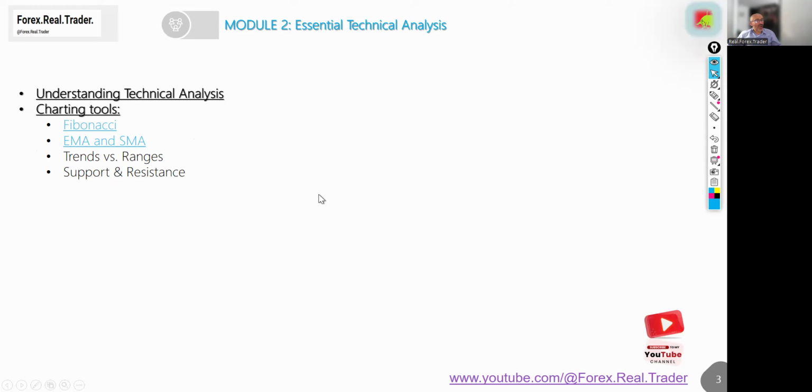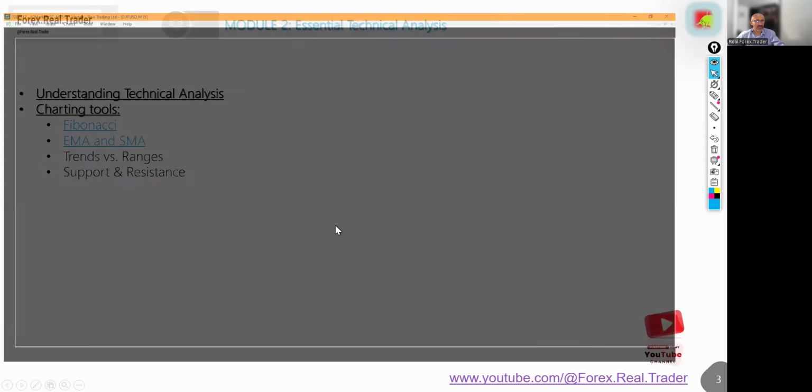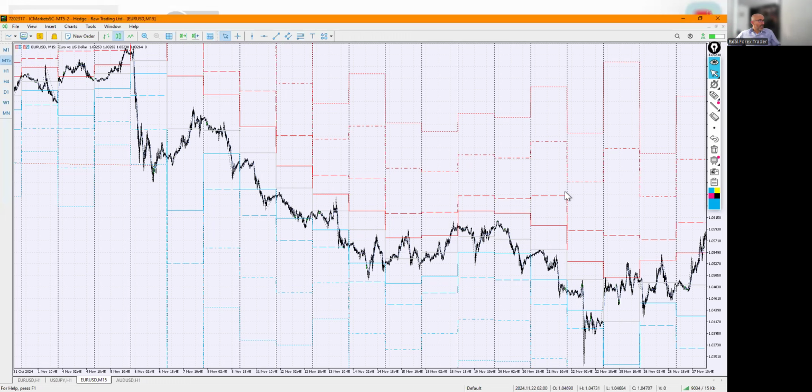Okay, so now we have support and resistance. A few minutes ago I used EMAs, exponential moving averages, to detect support and resistance. I also used the Fibonacci retracement levels to detect those patterns. But if we don't use them, we can use horizontal lines.